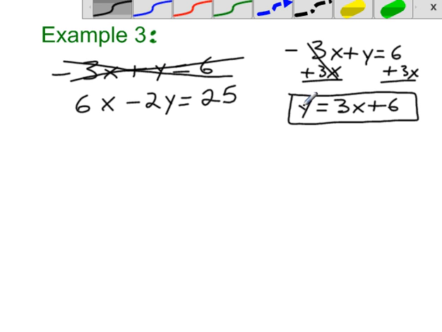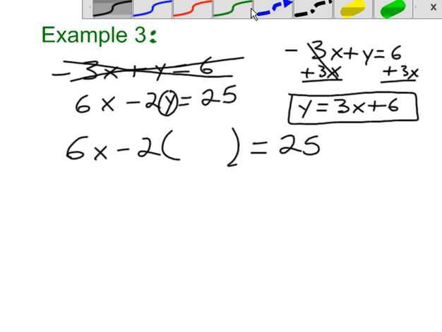So, we solved the top equation for x or y. This time it was a y. Now we're going to replace the y with 3x plus 6. 6x minus 2y is 25. I figure some of you guys will like this method a lot better. So we're going to replace that with 3x plus 6. And then we're going to do the math.